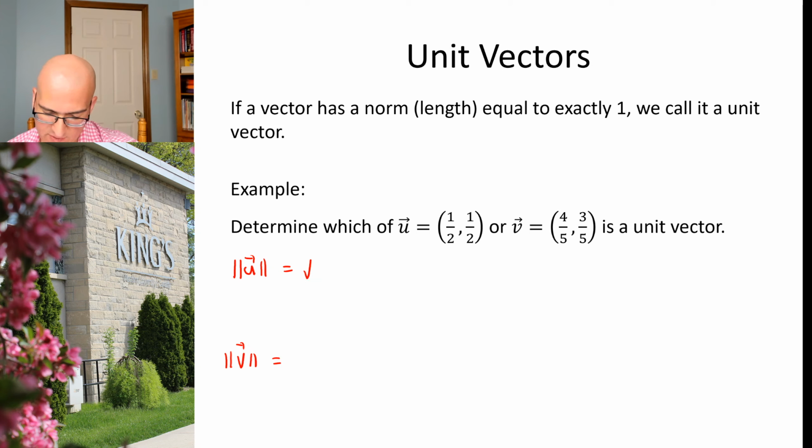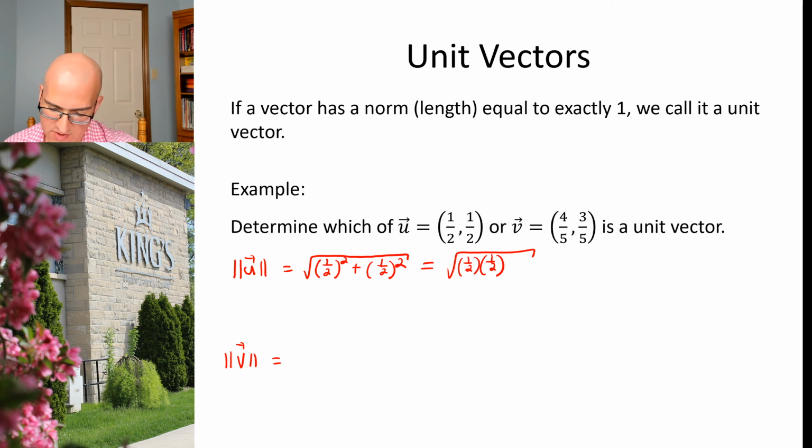So the length of u, we have the square root of 1/2 all squared plus 1/2 all squared, which is the square root of 1/2 multiplied by 1/2, I'll write this one out as a reminder of how fractions work, plus another 1/2 times 1/2.